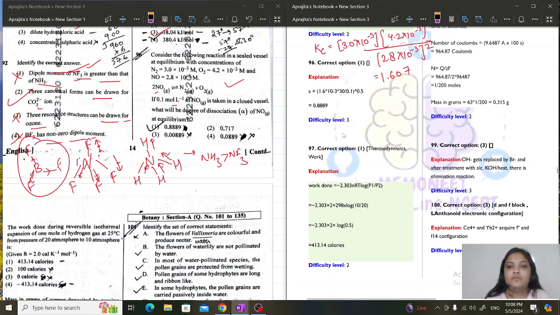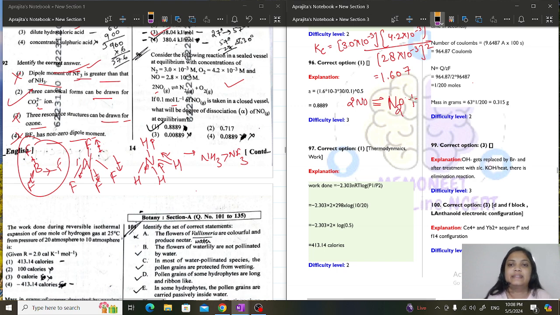Okay, so now this is happening. 2NO is dissociating to give N2 plus O2.